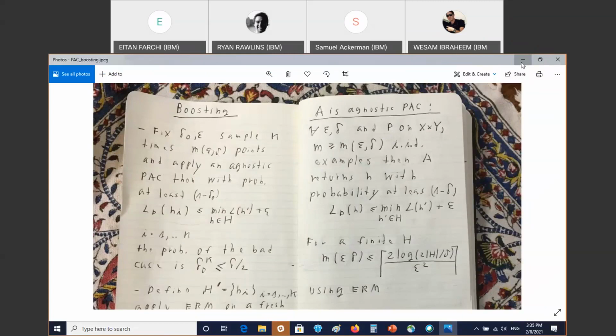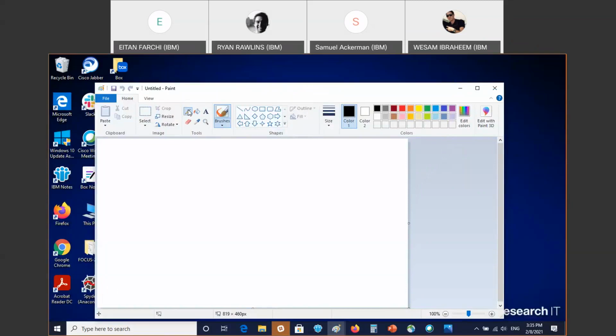So let's look at an example. Assume X is just the real numbers. And with respect to the probability, our adversary likes Gaussians.